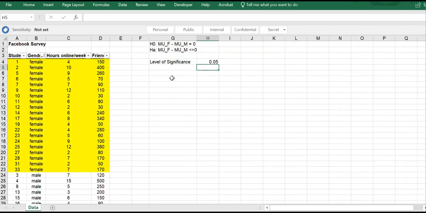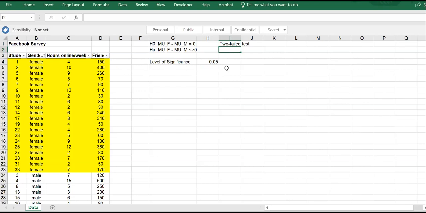All right. This is a case of a two-tailed type of test. And for this, we need to get the p-value two-tailed at the end of the day.